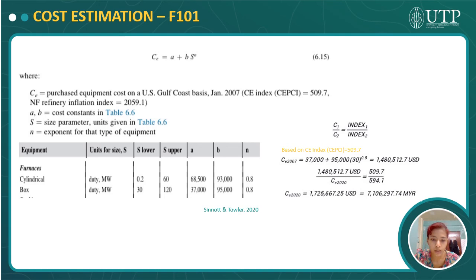Using the appendix given, the equipment of choice is box furnace, and then the duty is calculated in megawatts. Computing all the values and converting it to Malaysian ringgit, we get 7,106,297 ringgit and 74 cents.